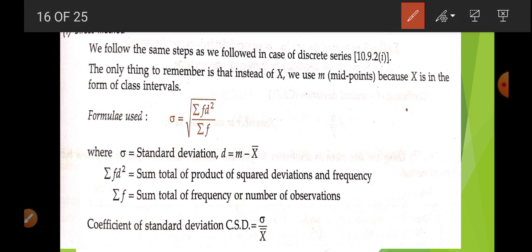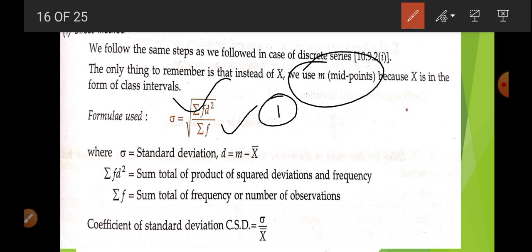All the things are going to be the same, you just have to first calculate the mid value and then follow the same process as you did in discrete series. The equation is also the same. So if I write, the first step is to calculate the mid value, that is L1 plus L2 upon 2.